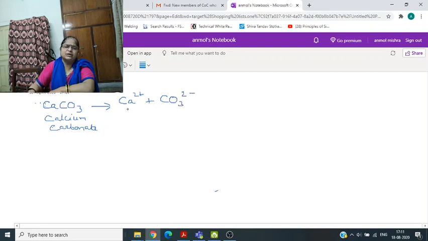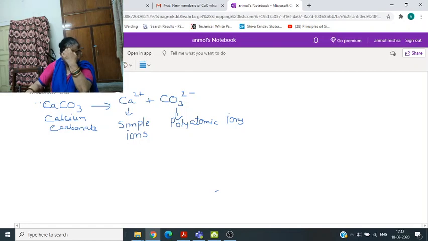Now here Ca is a single atom, no problem. So single atom ions are called simple ions. If the ion is made up of a single atom, it is called a simple ion, and if it is made up of more than one atom, then it is called a polyatomic ion.